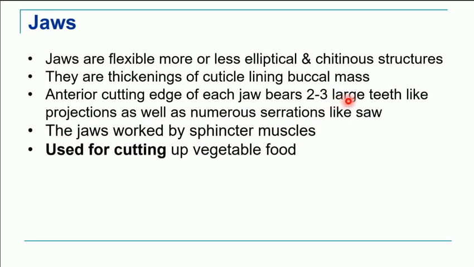With the help of these tooth-like structures and saw-like serrations, it can easily cut the food into small pieces. And these jaws require very strong muscles. Those strong muscles are nothing but the sphincter muscles, so the jaws are operated by the sphincter muscles.